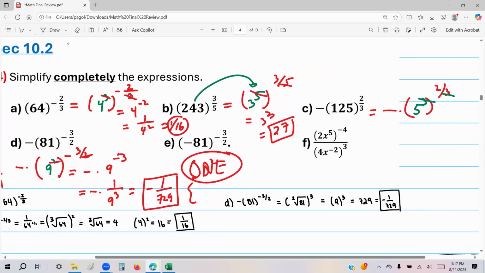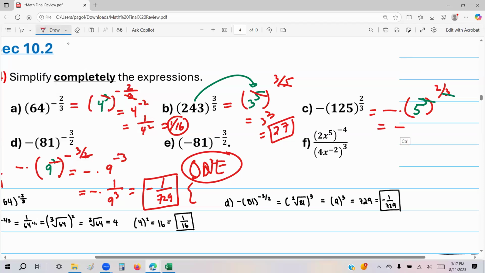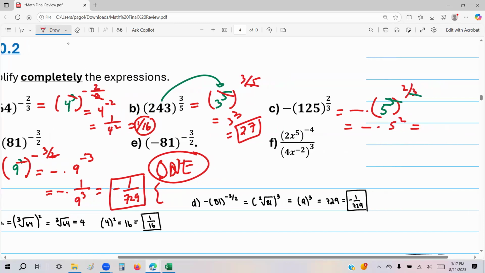And since this is multiplication, you get negative times 5 squared. So what's the answer? Positive 25 or negative 25? Negative. It's negative times 25, which is negative 25. I'm showing the terms so that you can see it's a multiplication, not a base.